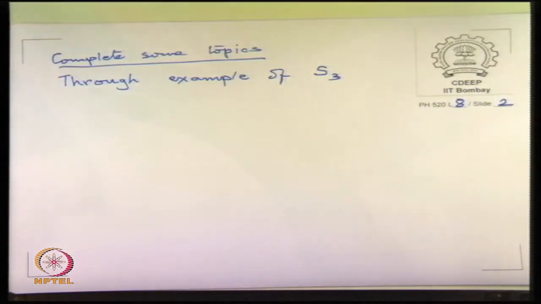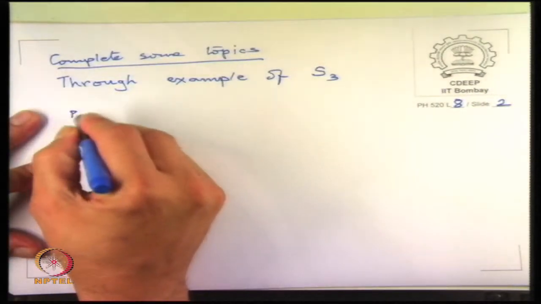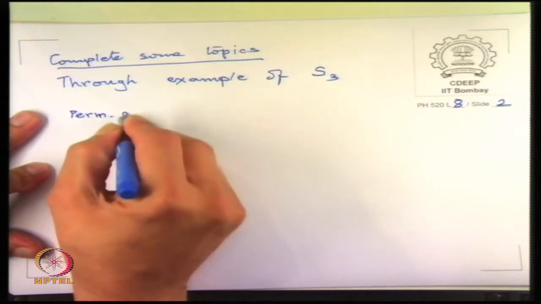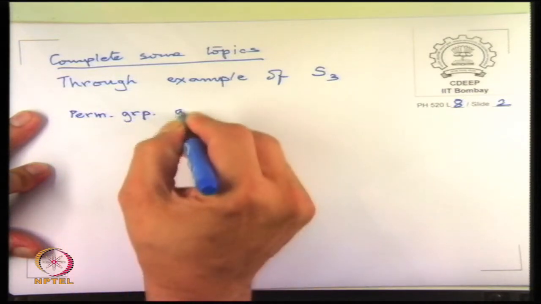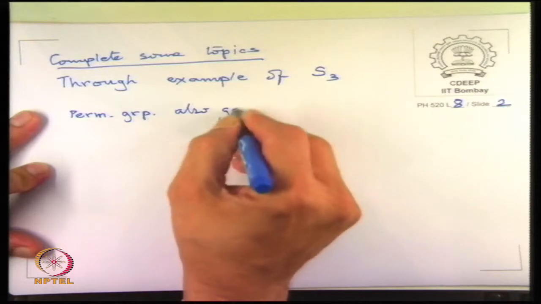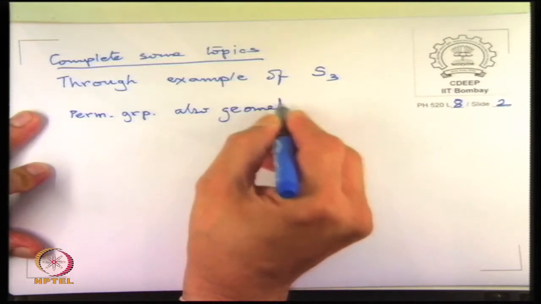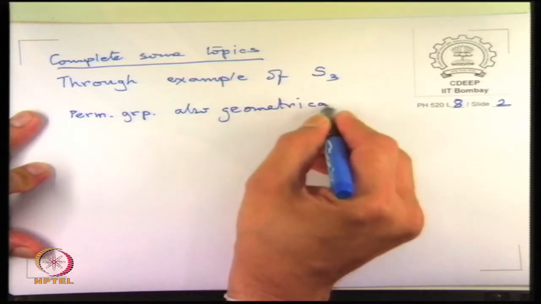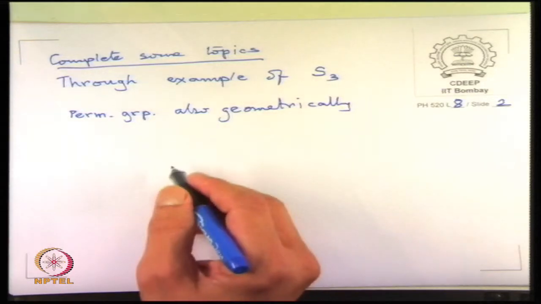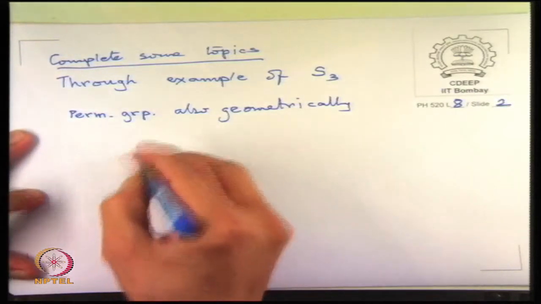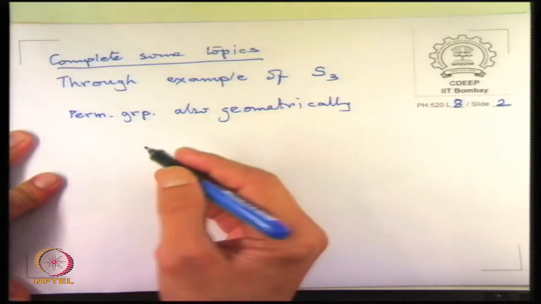S3 is the smallest non-trivial permutation group, permutation of 3 elements, but it is a permutation group which is also the group of the equilateral triangle, including reflections.